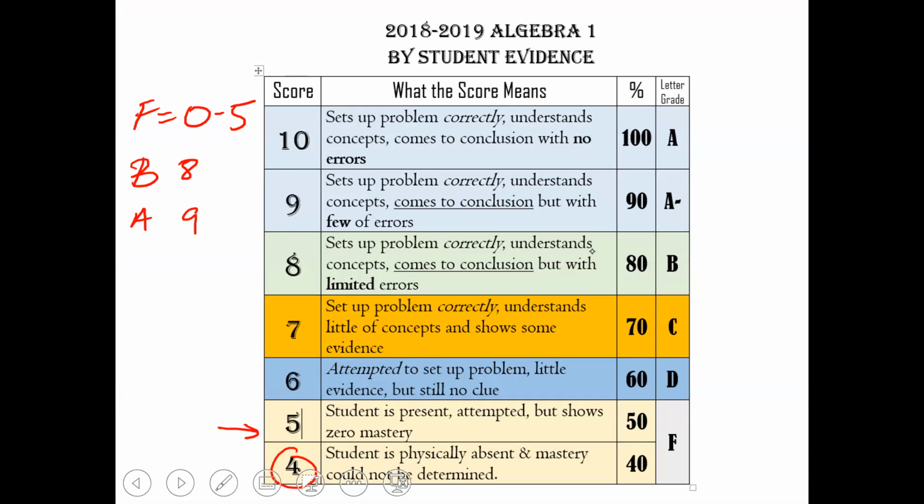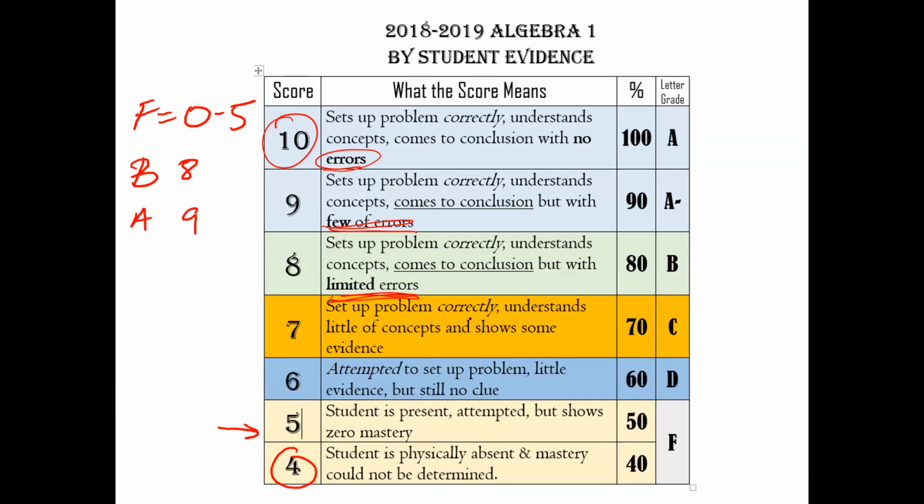Okay, so let's take a look at this. This is the breakdown of your grades. You do not have any points bigger than 10. That's the most that you can get. If you have a 10 on Infinite Campus, it means that for the assignment or the skills that we covered, you understood the problem completely, and there are absolutely no mistakes on your part. A 9 means that you set it up correctly, but you made a few very, very minor errors. An 8 means that you made limited errors.